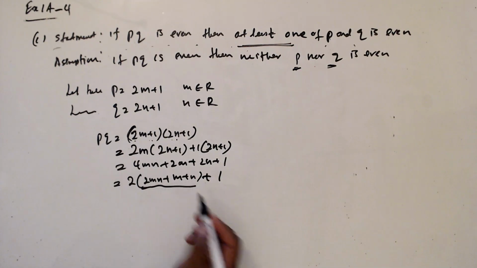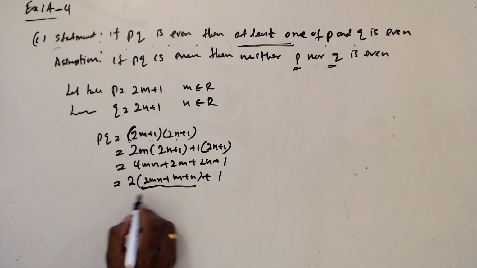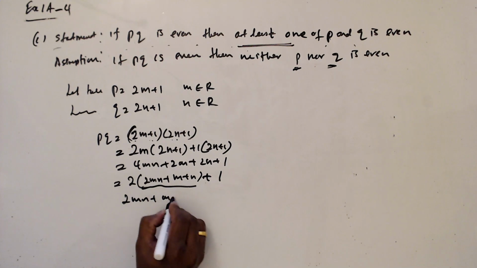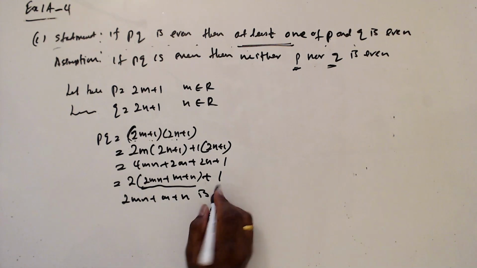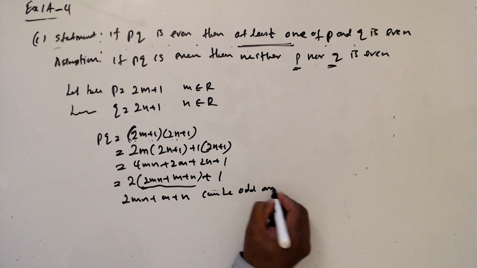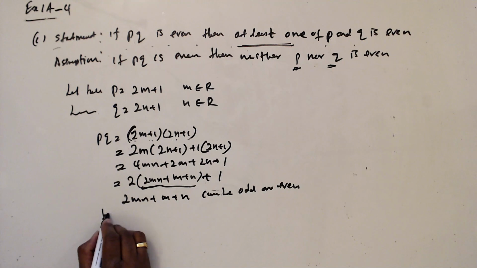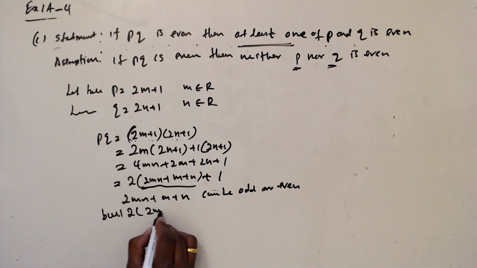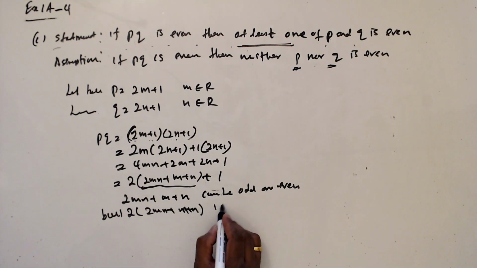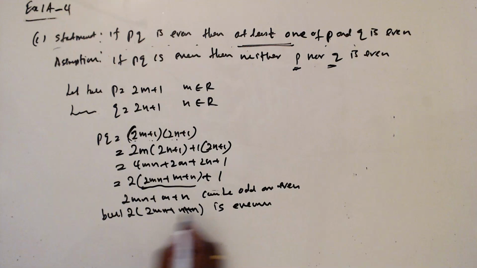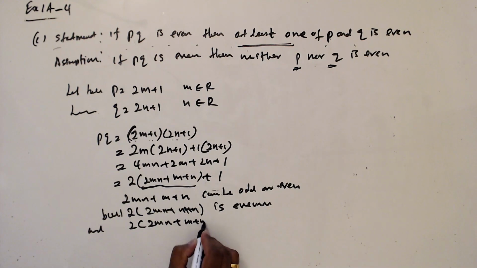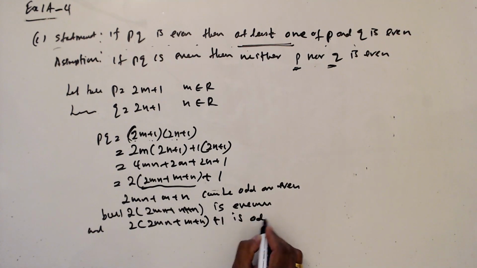So then the argument is, 2mn plus m plus n can be odd or even, but 2 times 2mn plus m plus n is even, and 2 times 2mn plus m plus n plus 1 is odd.